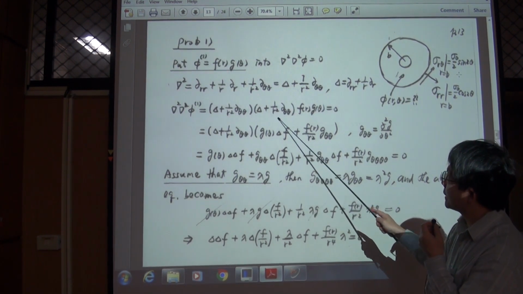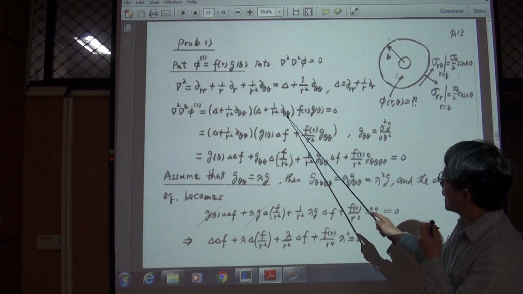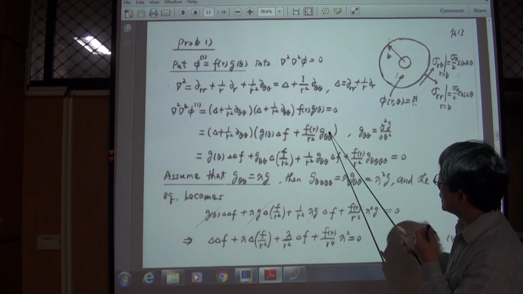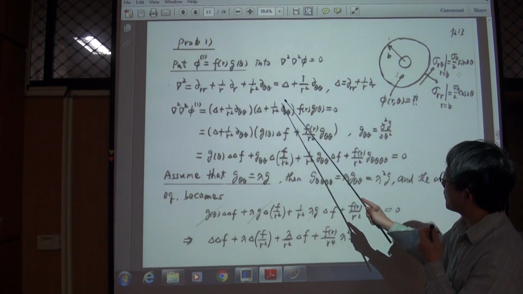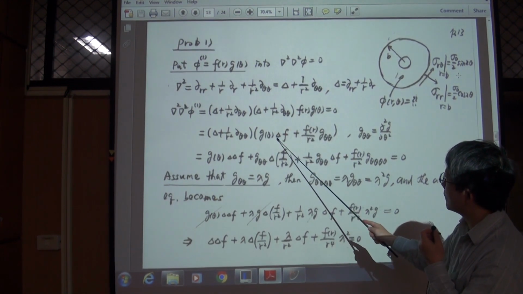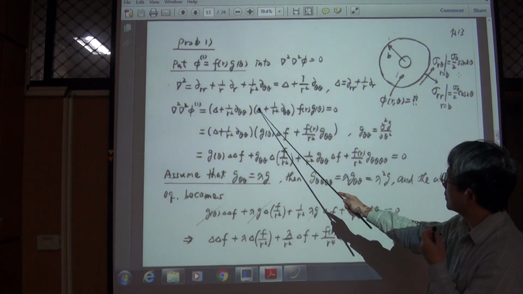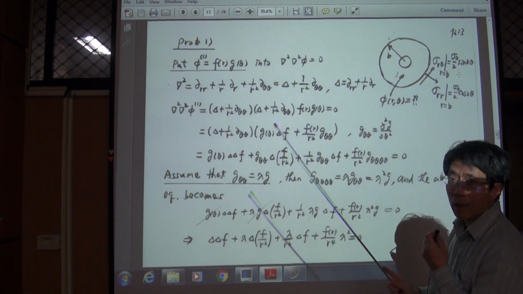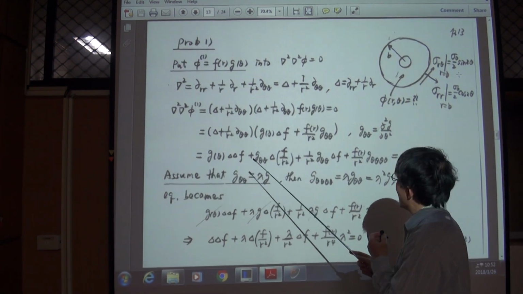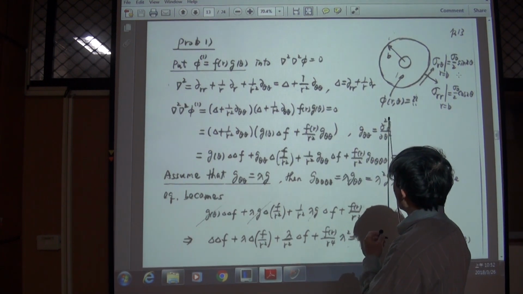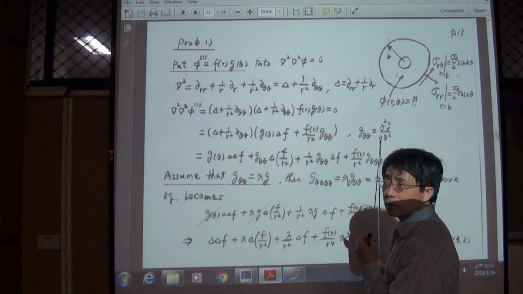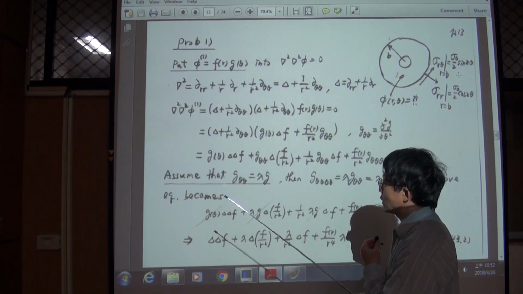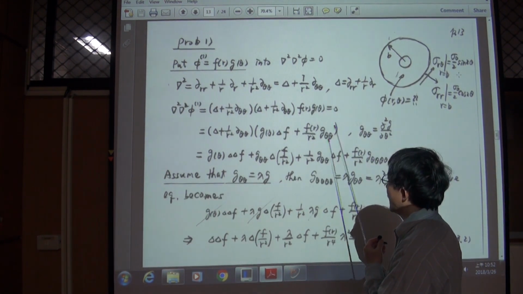We first apply this to this one to get this one, so G theta theta. This triangle F becomes this one, and G theta doesn't change. And G theta theta is just the second order partial derivative of the function G with respect to theta.